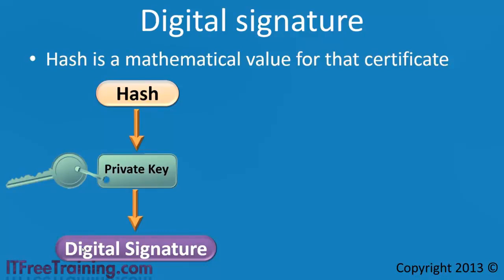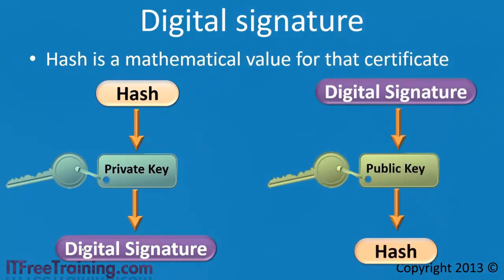Now that the digital signature has been added to the certificate, it can be used later to check that the certificate has not been altered or damaged. To check the certificate, the digital signature is put through a mathematical function using the public key. The result of this should be the original hash value.